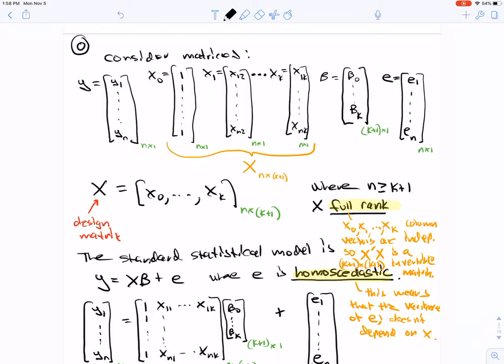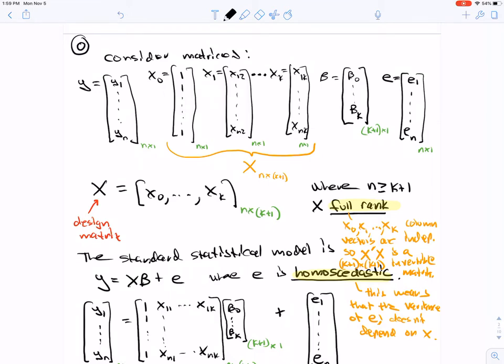So y, the column vector y, is an n by 1 column vector, which is our response variable, and we have n observations. x0 is a column vector of 1s, and then I have k predictor variables.